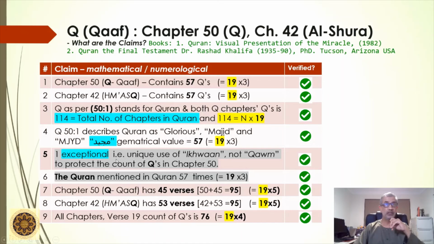Now, in terms of the exception that I showed you, the use of Ikhwan, which doesn't have the heavy Qaf, versus Qawm, which has the heavy Qaf, which is unilaterally used for reference to Lot, Prophet Lut. For some reason in this chapter 50 it isn't, because if it were, it would throw the count out by 1.